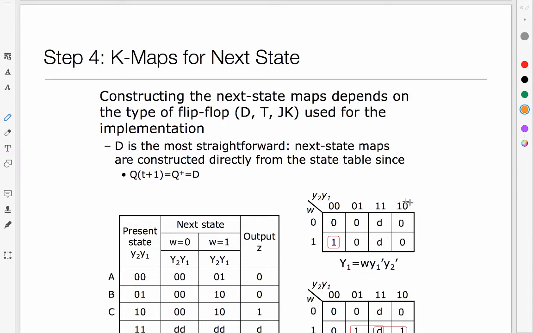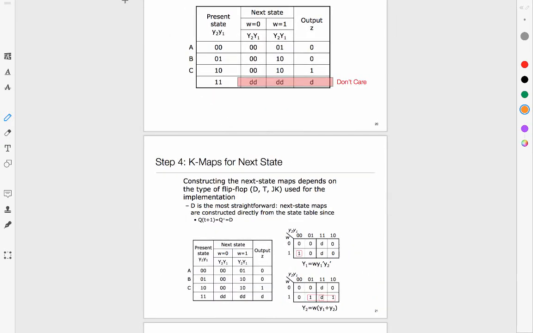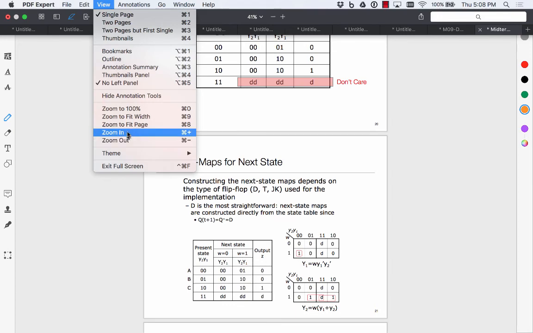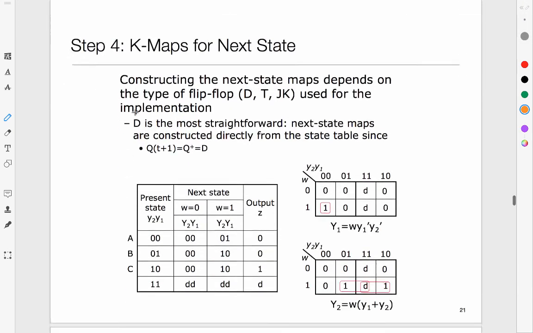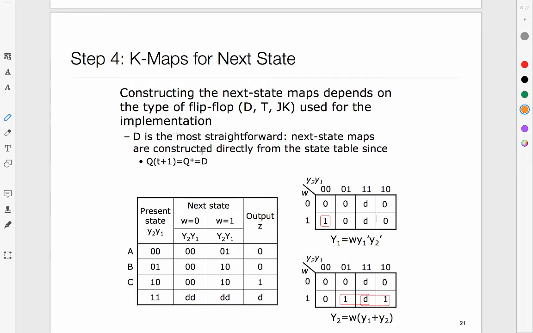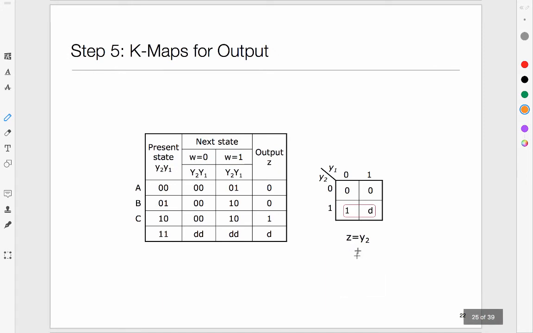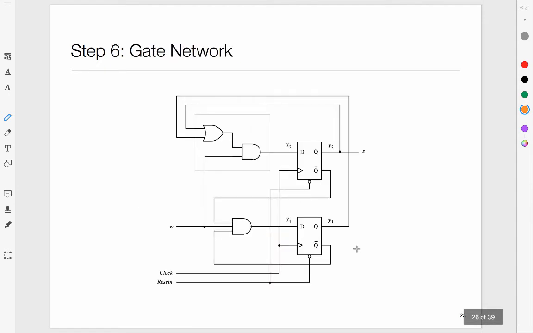So I have the K-map for first bit of state, second bit of state, and also for Z. So I go to the usual K-map type analysis, or if the thing is simple enough, then just by hand directly, and then you create your gate network. Okay. So I could go from English language description back to this, to the circuit.